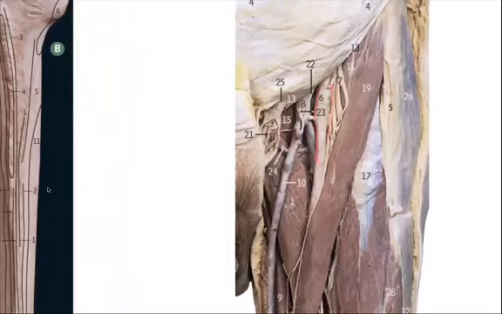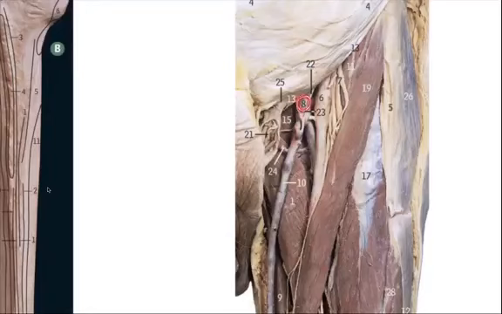So, as we know, think of the femoral triangle. In the femoral triangle, what are the contents from medial to lateral? The femoral vein, artery, and the nerve, right? So just think like that.